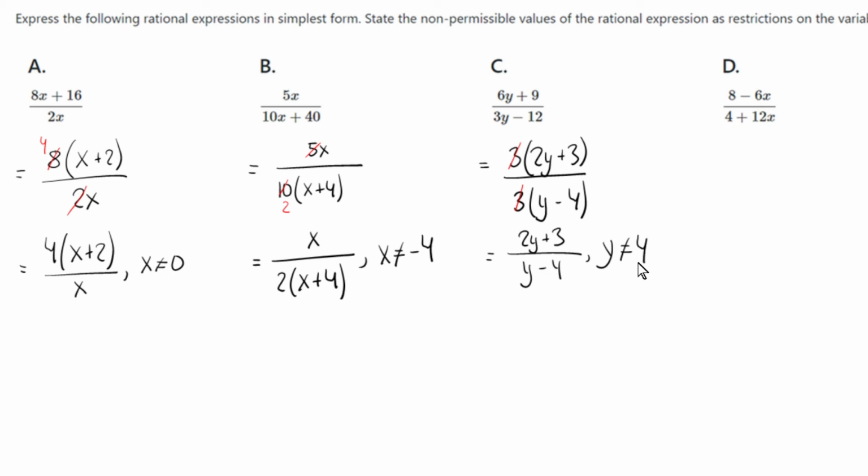And then finally, in the numerator here, we can factor out a 2, leaving us with 4 minus 3x. In the denominator, we can factor out a 4, leaving us with 1 plus 3x. Here the 2 disappears and the 4 becomes a 2.